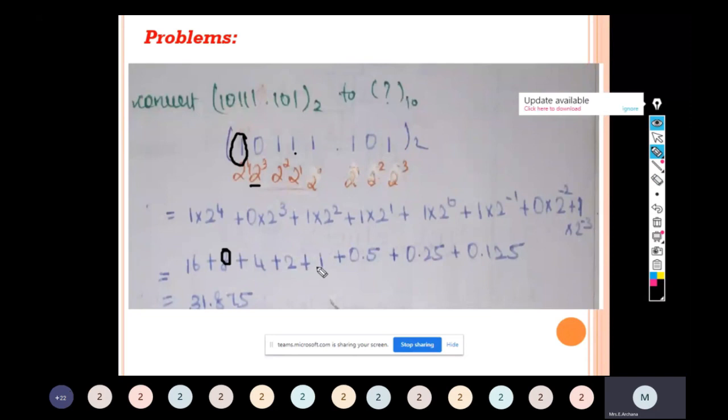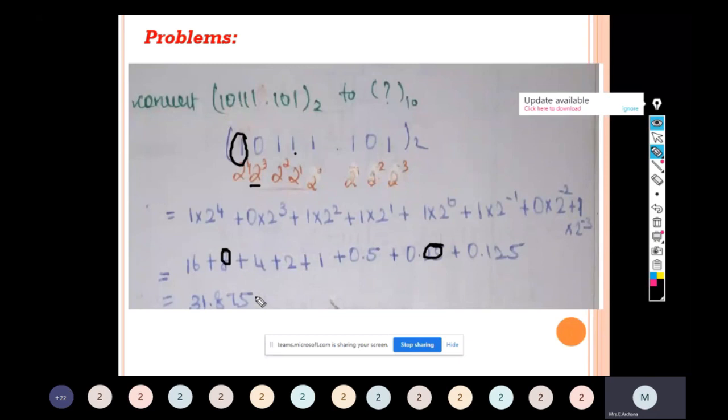Plus 1 into 2 power 0 is 1. Then 1 into 2 power minus 1 means 1 by 2, which is 0.5. 0 into 2 power minus 2 will be 0. Plus 1 into 2 power minus 3 will be 0.125. When we sum all these together, we will get the value.